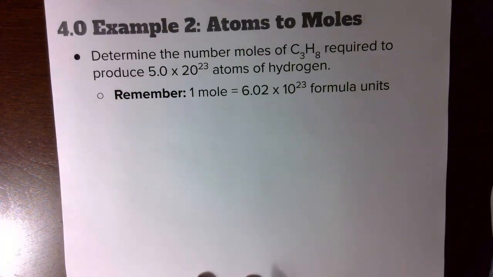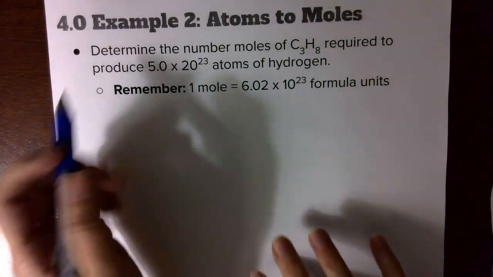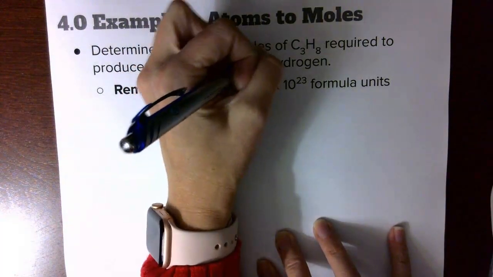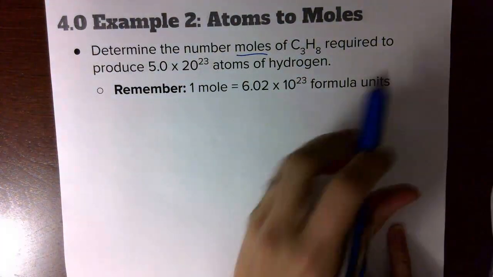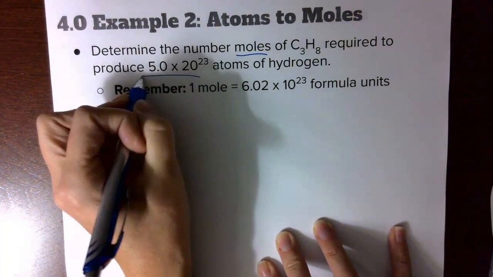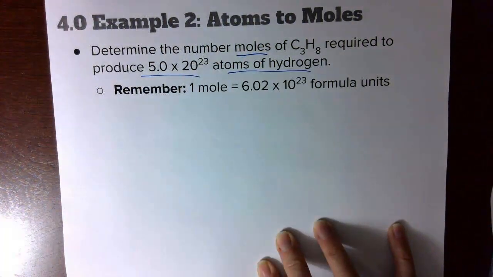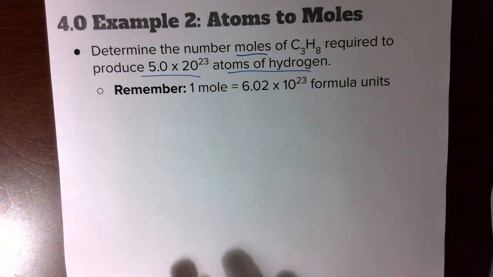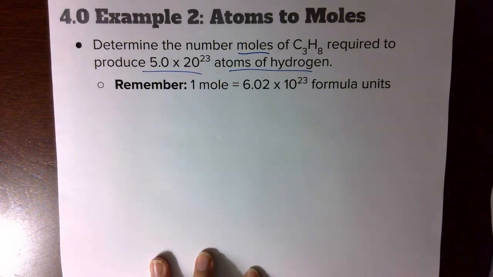Okay, so we're going to try another problem. This one says determine the number of moles. So we're looking for the number of moles required to produce this many atoms of hydrogen. So we're going to be going the other direction of what we did in the previous problem.